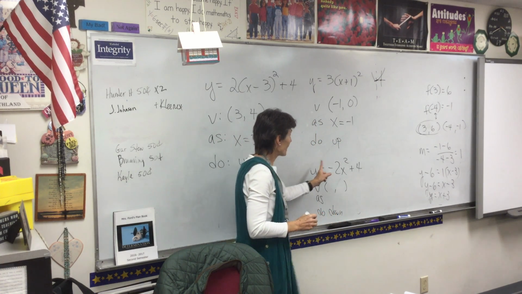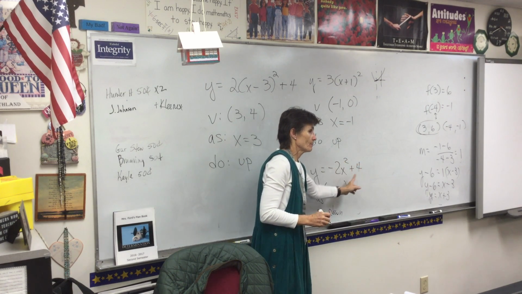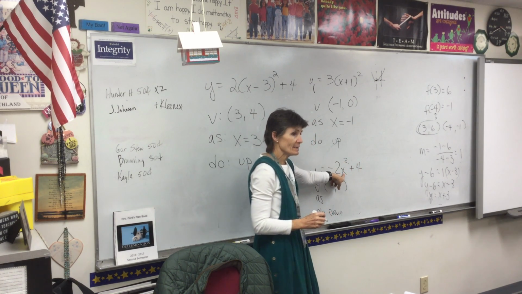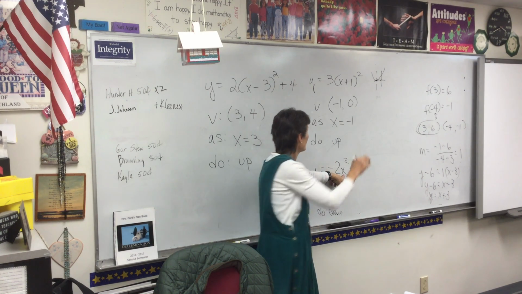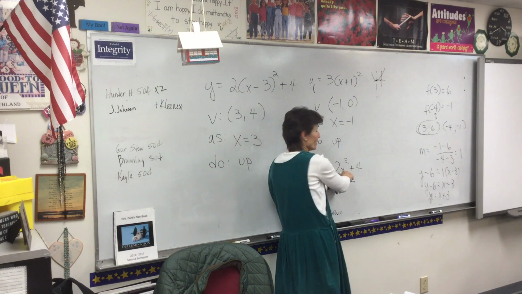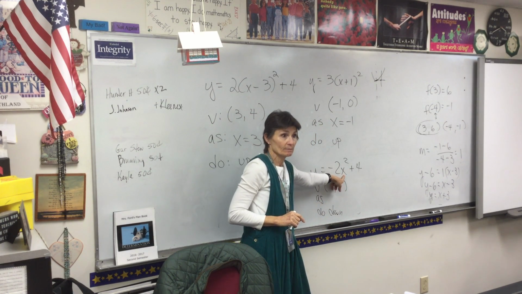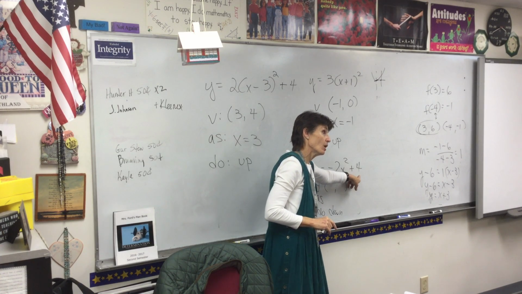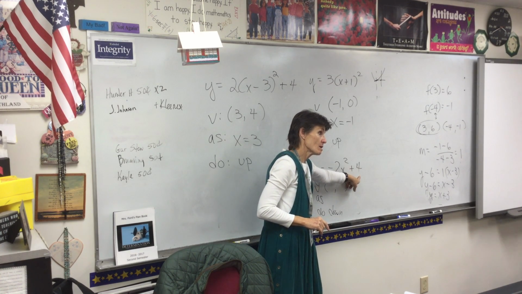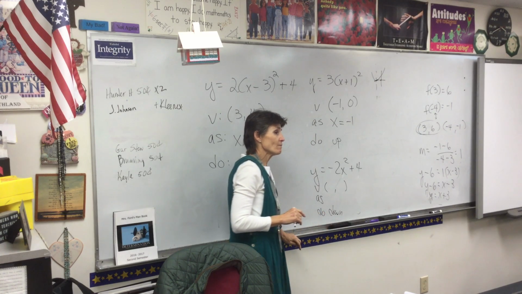Now think about how this moved. Did it go sideways at all? No, because the only way it goes sideways is if you put something in the parentheses with the x. No, right? So I didn't go sideways, but I did go up 4. So where's my vertex?